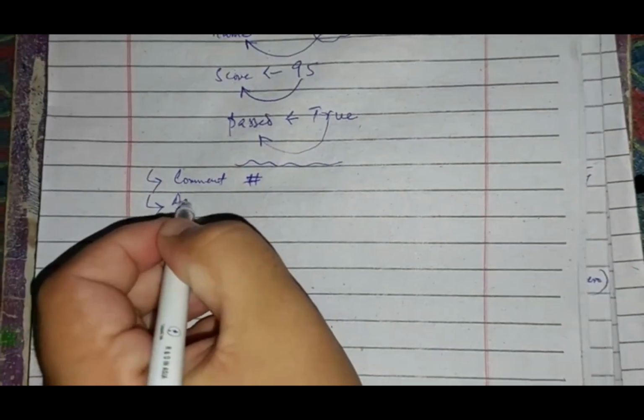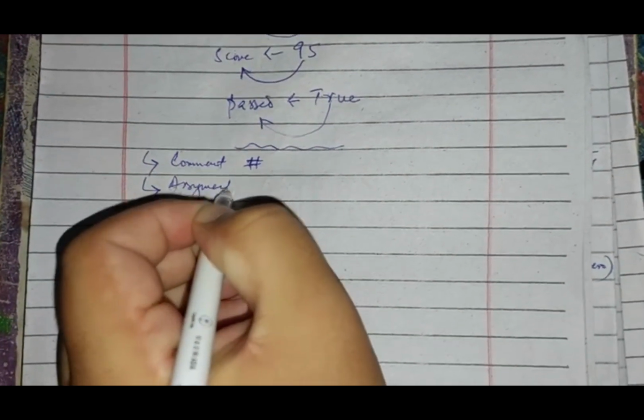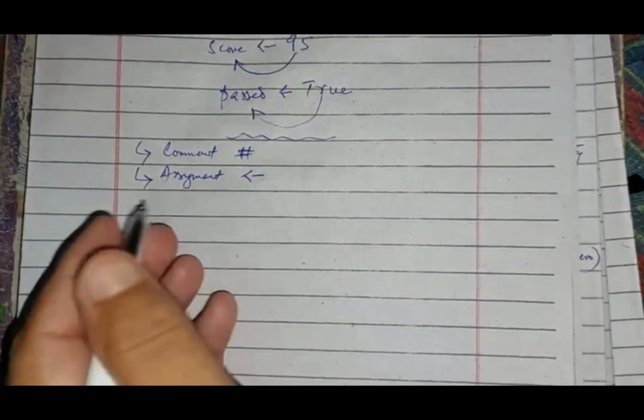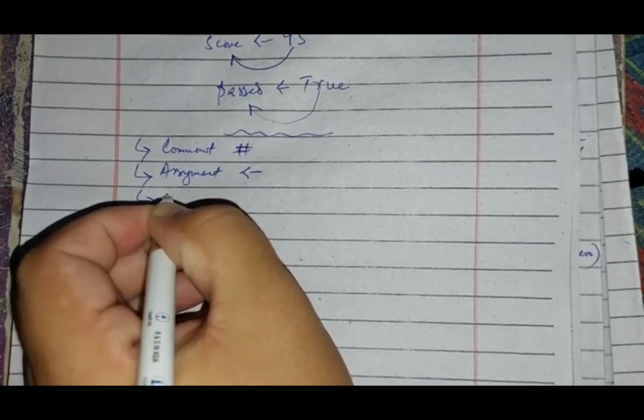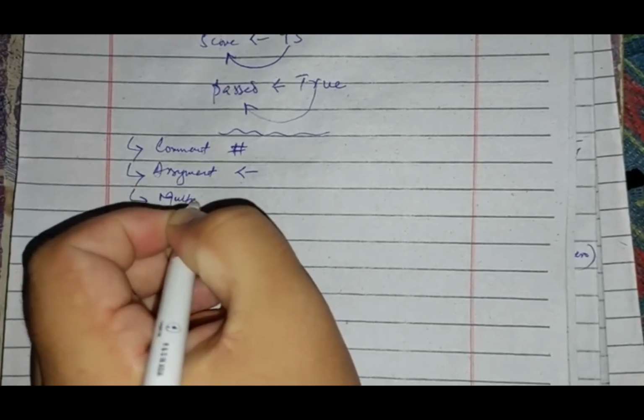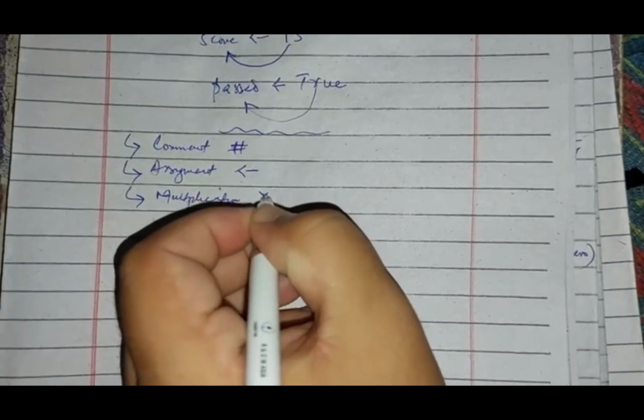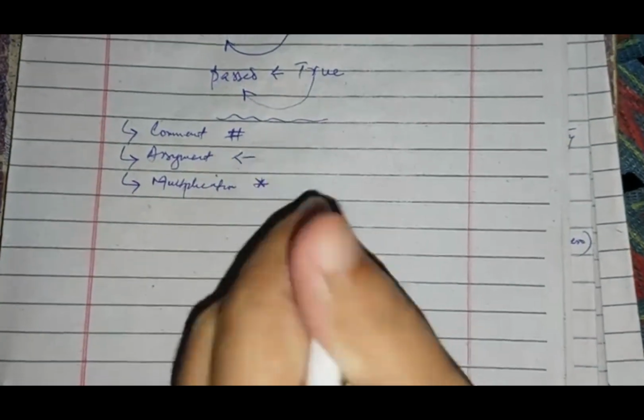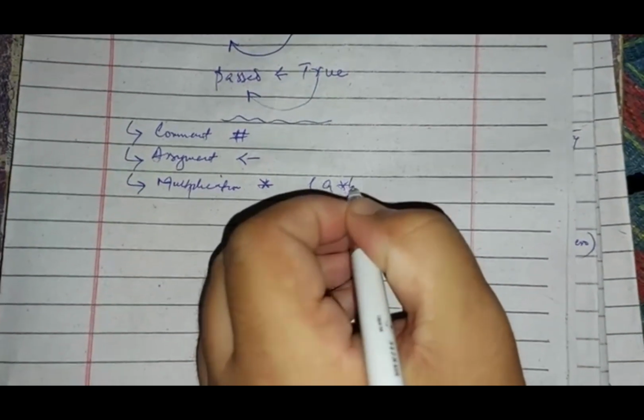Assignment operator, which is done with this. Multiplication, it is done with asterisk, like A asterisk B.